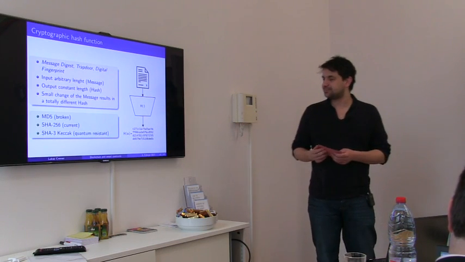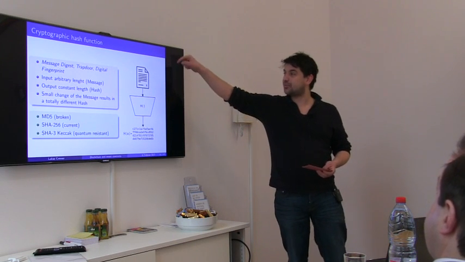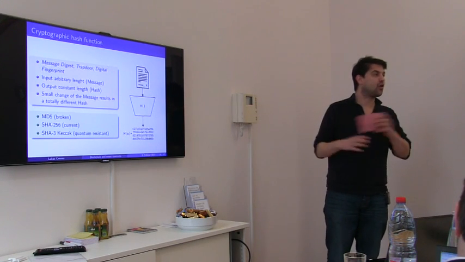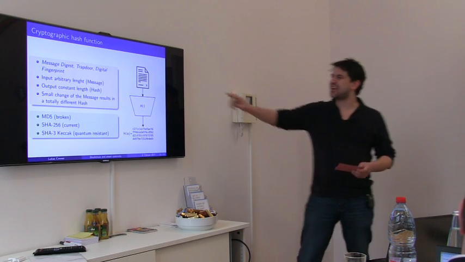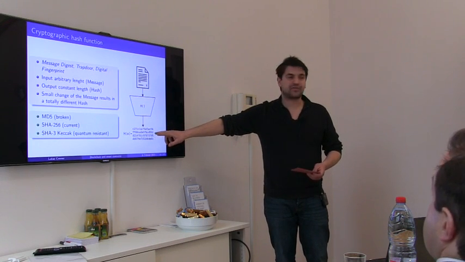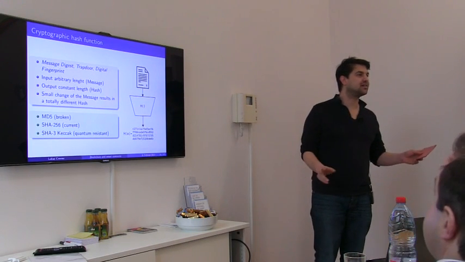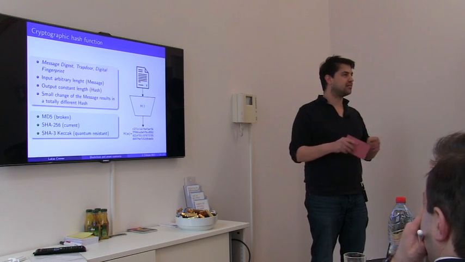The important thing is if you put the same thing in, the output is always the same. And if you change only a little bit of the input, the output of the hash changes completely. So it's like a digital fingerprint of a piece of data.